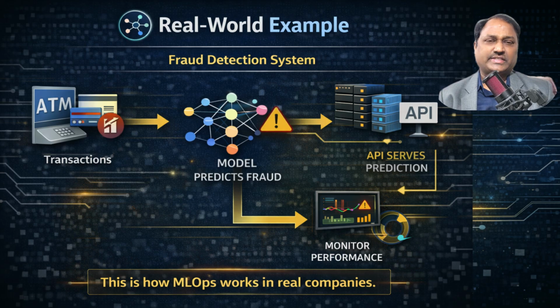The trained model analyzes transactions to detect potential fraud. API serves prediction. The model's predictions are delivered in real time through API. Monitor performance, tracks model accuracy and behavior to ensure reliable fraud detection. Retrain models, updates the model with new data to improve accuracy over time. This is how MLOps works in real companies.